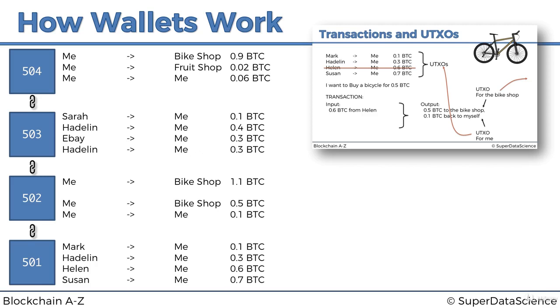In the first case, when I went to buy a bicycle, this is what happened. I took this transaction, 0.6 BTC from Hadelin, and I split it into paying for my bike and sending 0.1 back to myself. So these two that we see here. We're going to draw that here.